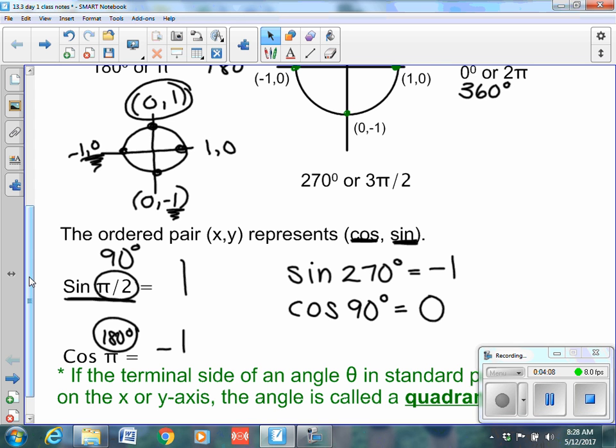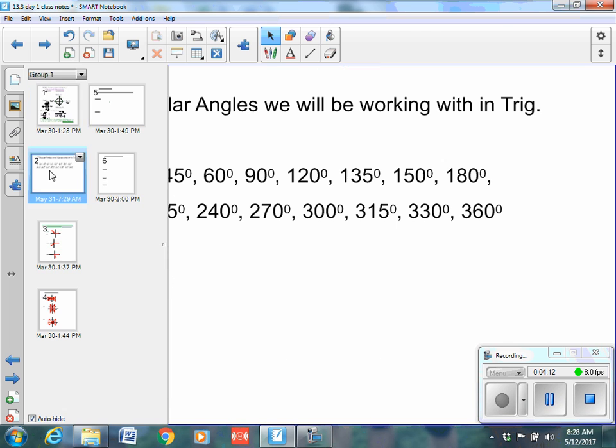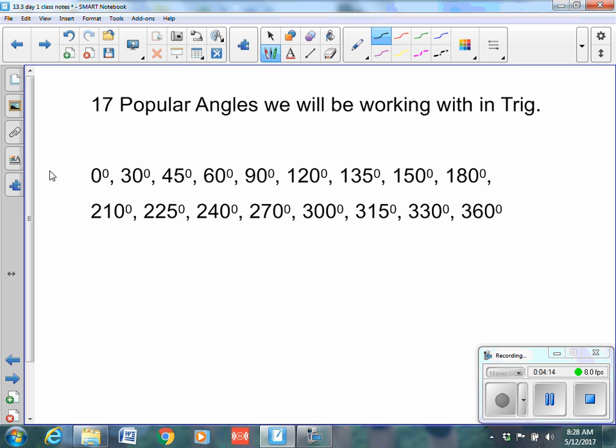Okay, now it's going to get a little bit harder. These are the popular 17 angles that you're going to study for a whole semester. These are the popular angles that you would study next year. You notice that 110 degrees isn't up there, 92 degrees isn't up there, 83 degrees isn't up there.